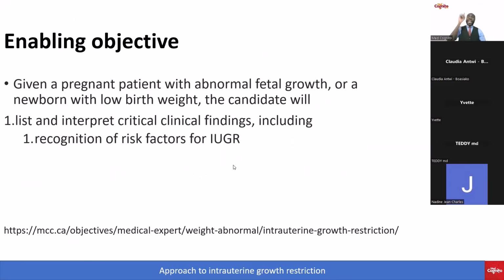So now, enabling objective number one. Let's get into it. Given a pregnant patient with abnormal fetal growth or a newborn with low birth weight, the candidate will, number one, list and interpret critical clinical findings, including recognition of risk factors for IUGR. Boom.